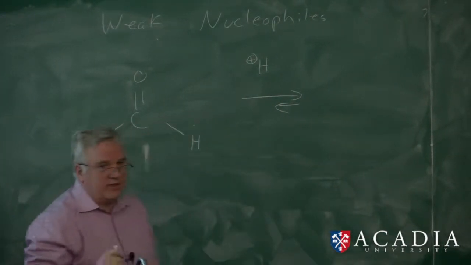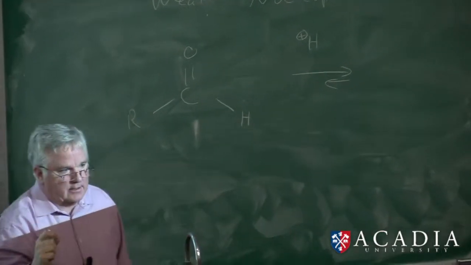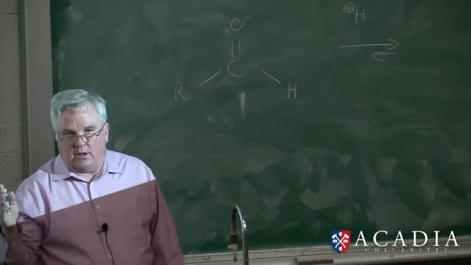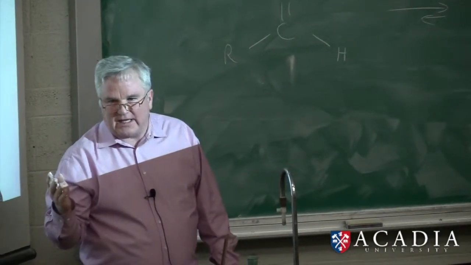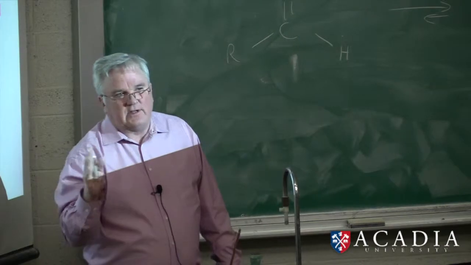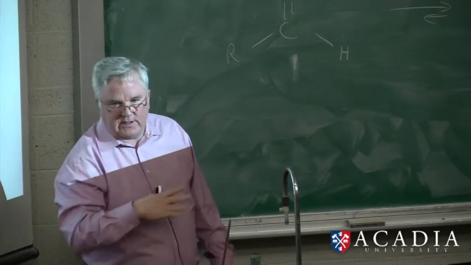We activate them with a small amount of acid. Either Bronsted acid, some source of H+, or maybe a Lewis acid, which is just some positively charged metal cation that can coordinate to the oxygen.